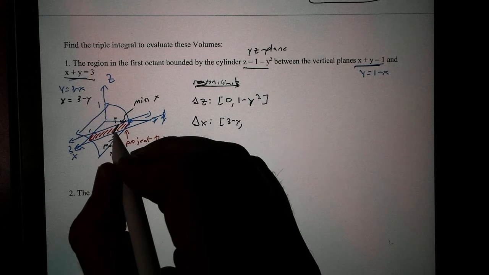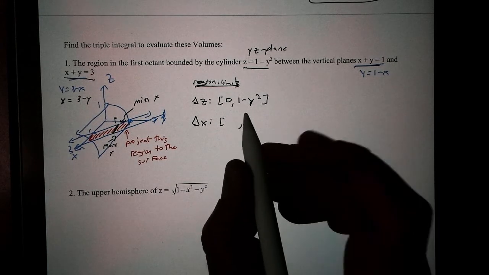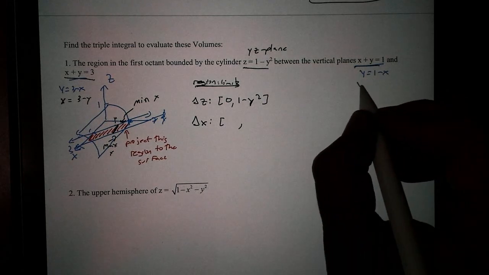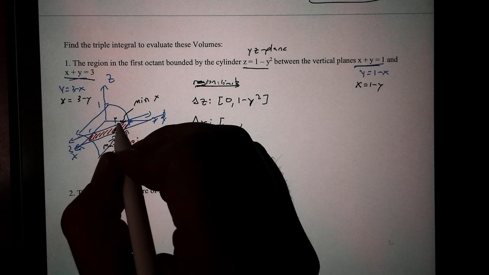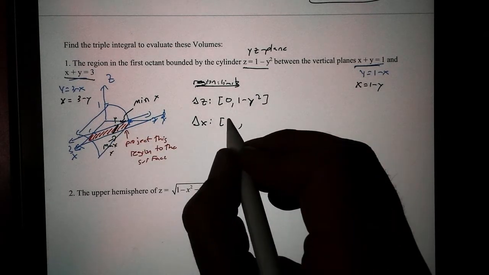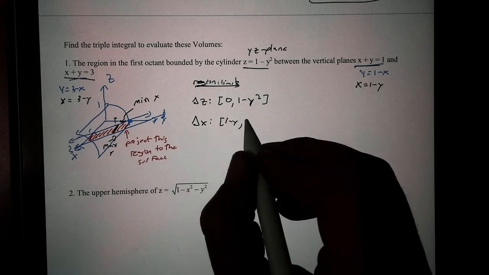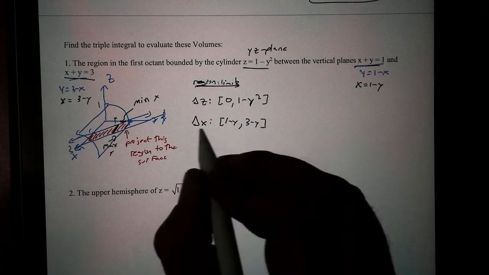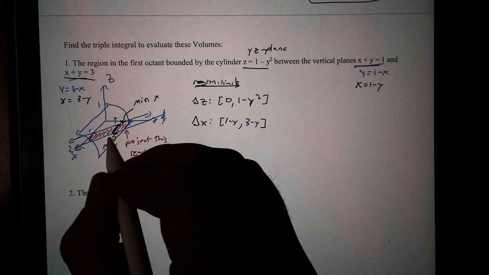Oops, sorry. Oh, I got them backwards. There we go. This should be x equals 1 minus y. So my minimum is going to be 1 minus y. Messed that up, didn't I? And my maximum is going to be this one over here, which is going to be 3 minus y. So my minimum x, my maximum x.